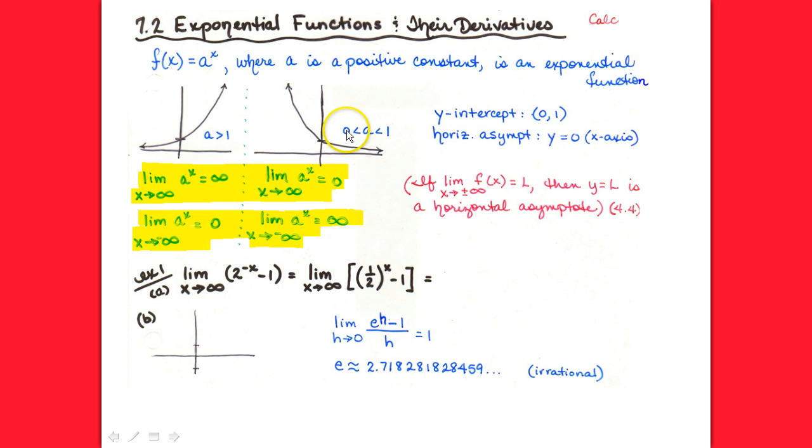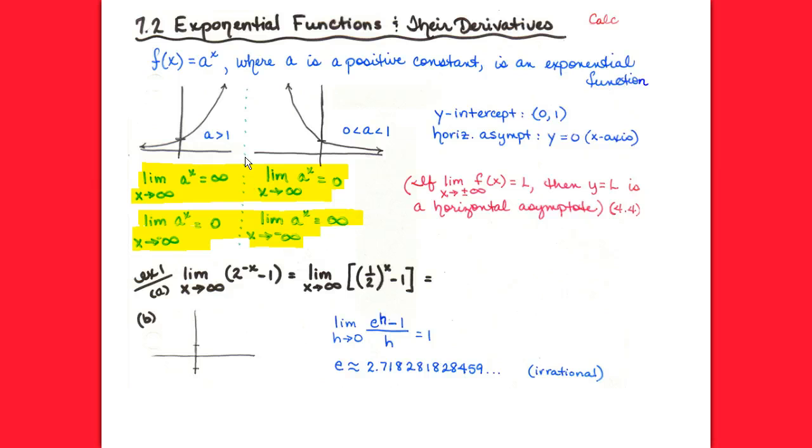Similarly, over here, when a is a number between 0 and 1, if I'm taking the limit as x approaches infinity, then I'm looking at this graph saying, okay, as I go to infinity, what's my y value approaching? It's approaching 0. Or if I'm taking the limit as x approaches negative infinity, then I can come over here and say, okay, as x is going to negative infinity, what's my y value doing? It's going to positive infinity. So you can memorize those 4 limit laws that they give you in the textbook, or you can just look at the graph and they make sense.